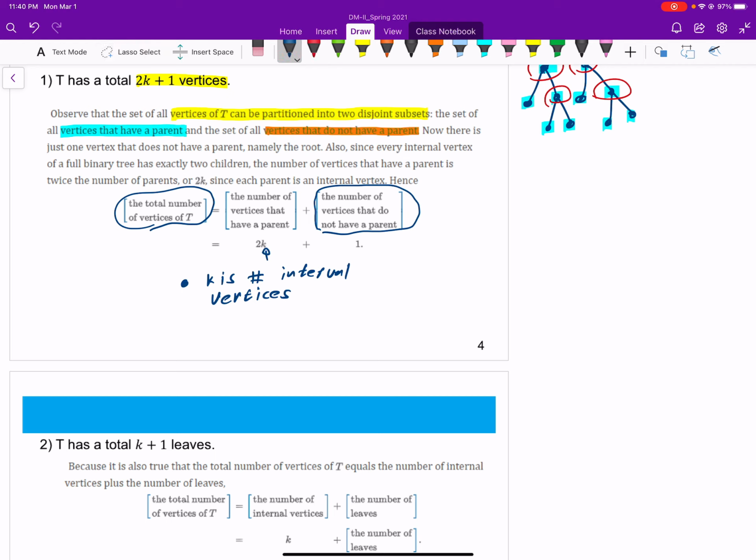Let me mark here. Each internal vertex has 2 children.